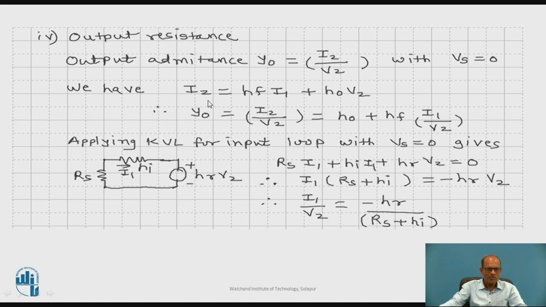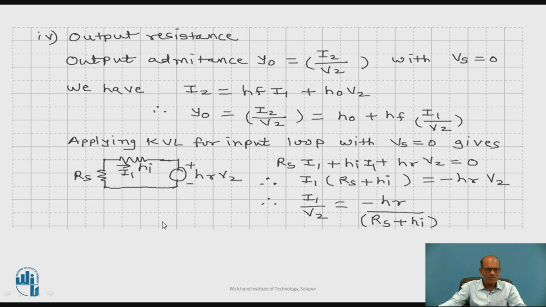We have I2 equal to hf I1 plus ho V2. Dividing both sides by V2, Yo equals I2 by V2, that is ho plus hf I1 by V2. Now we have to obtain I1 by V2 with Vs equal to 0.